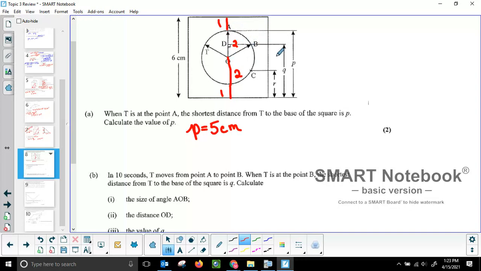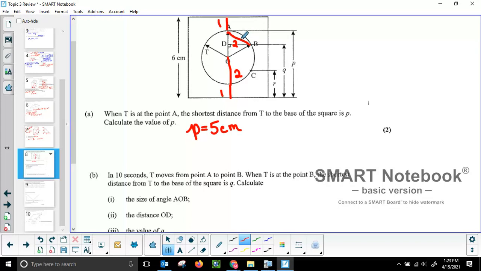Okay. So how can we do this here? It's actually really easy. They said that this is a stopwatch, so this essentially is a clock. How many degrees are in a complete circle? 360.